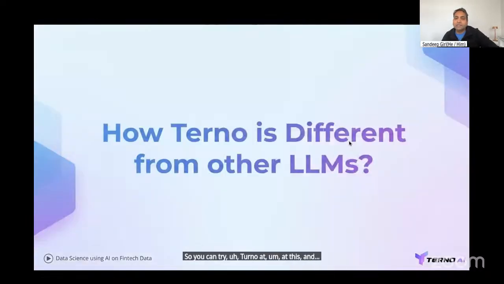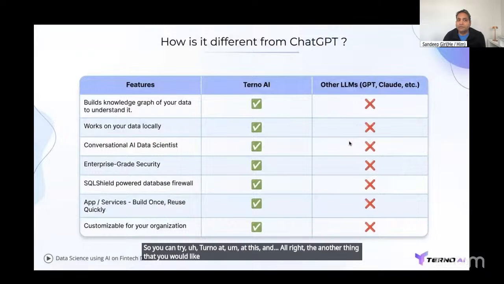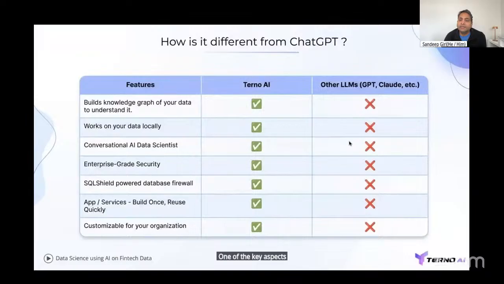Another thing many would have questions about is that one of the key aspects of Turno is that it builds a knowledge graph, an internal knowledge representation of your data.